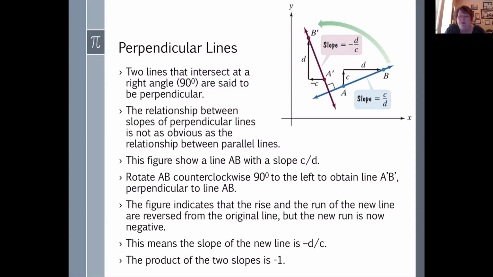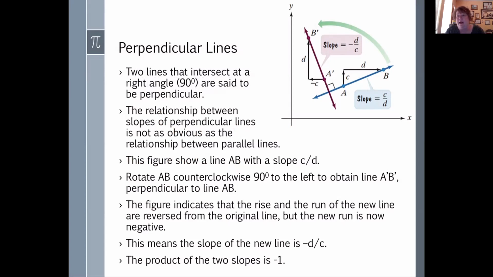This figure shows a line AB, that's the blue line, with a slope of C over D. So the rise from point A to point B is C, and the run from point A to point B is D. So the slope, the rise over the run, is C over D.